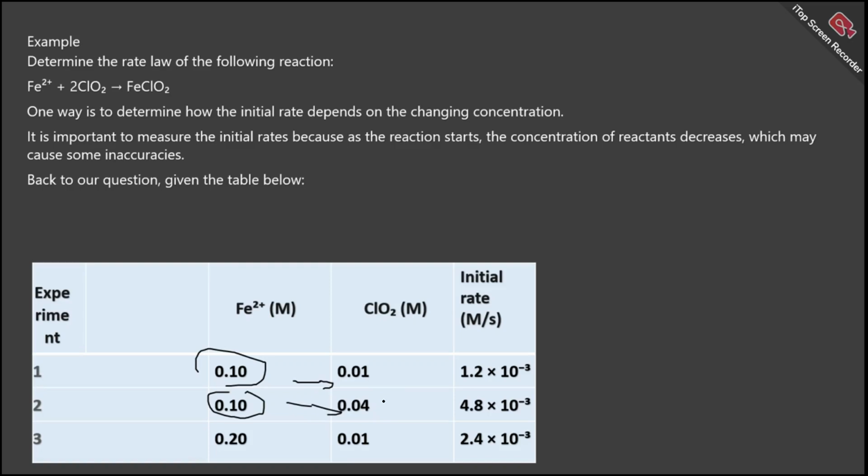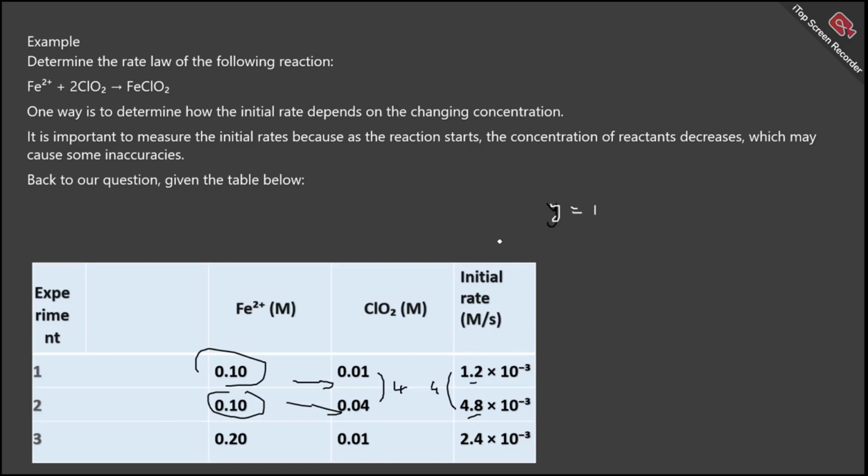The concentration quadrupled. What about here? We can see that we have 1.2, and this one is 4.8. So to reach 4.8, what are you doing? You are multiplying by 4. So this one is multiplied by 4, and even this one is multiplied by 4. The same thing is happening. So we can say that y is going to be equal to what? 1.